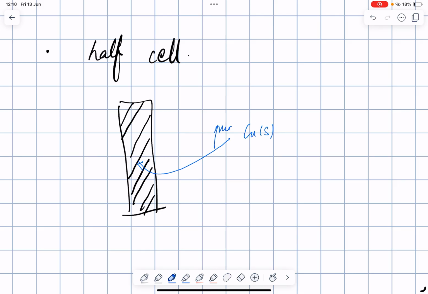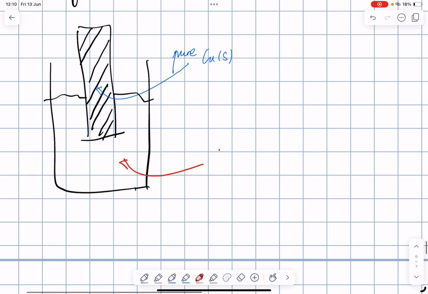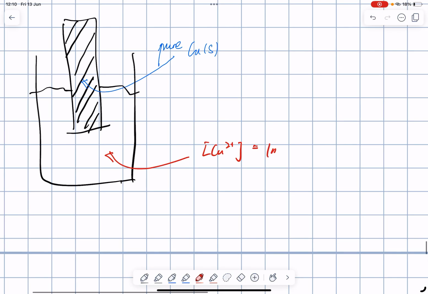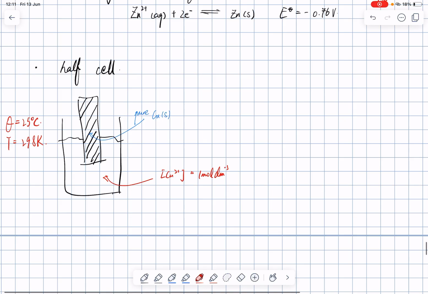It is pure Cu(s), it has to be pure. And we put it in a beaker. In this beaker, it's a 1 M copper 2+ solution, 1 M concentration. And the temperature equals 25 Celsius, or T equals 298 kelvins. It's just room temperature, isn't it?